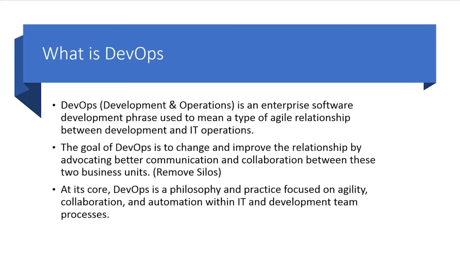What this means is that we're going to work together and remove the silos, and we're going to use automation and improve processes to bring a better enterprise rollout. That's an application rollout.